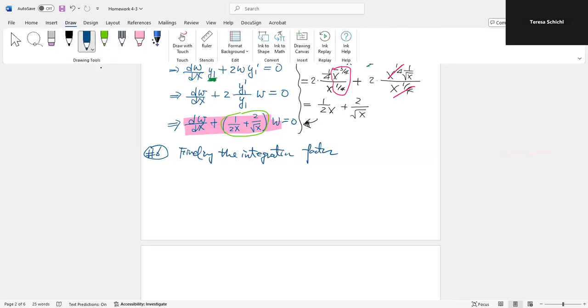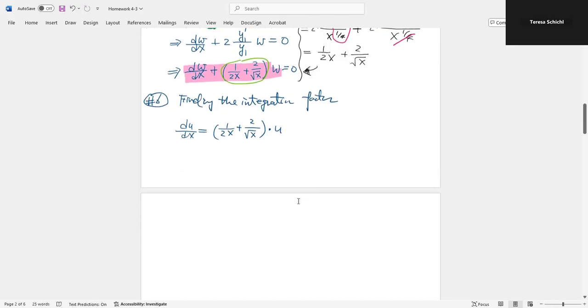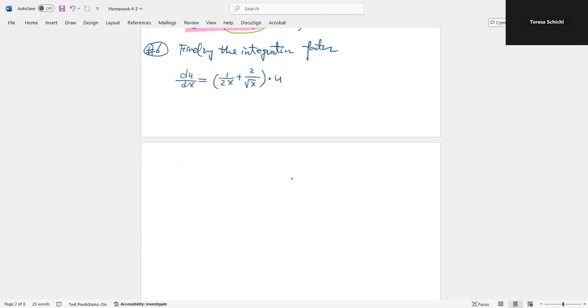Okay, so for the integration factor, we will say du dx is equal to p(x) times u, which is 1 over 2x plus 2 over square root of x, times u. Correct? All right, good. So this is not too bad. You move the u over, so you have du over u equals 1 over 2x plus 2 over the square root of x dx. Now integrate both sides.